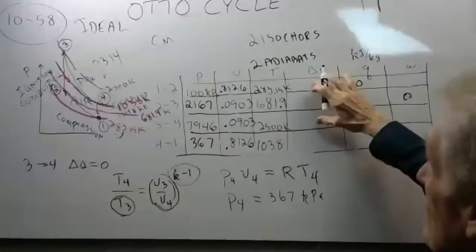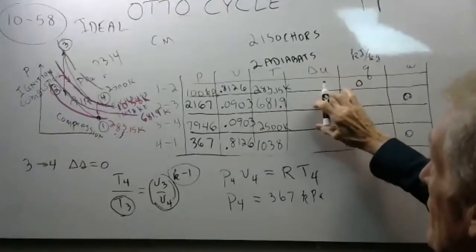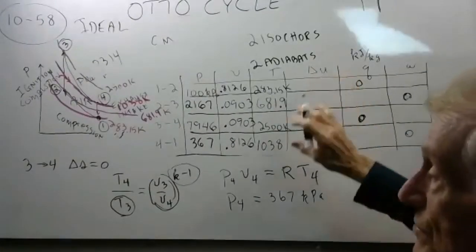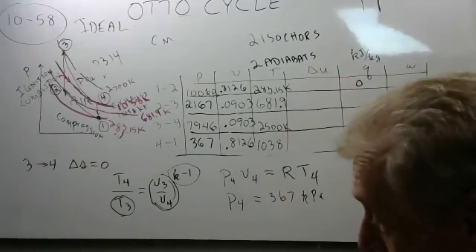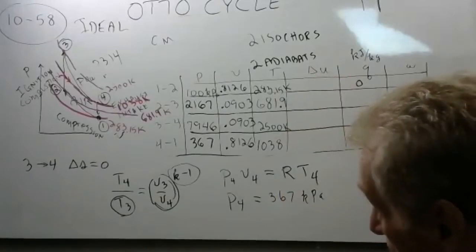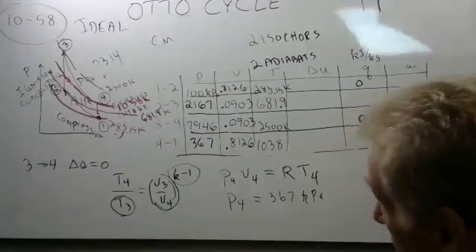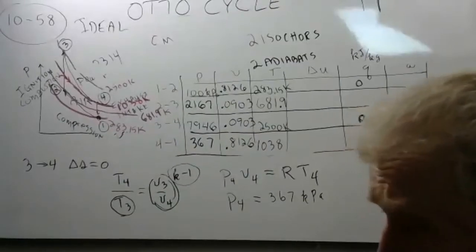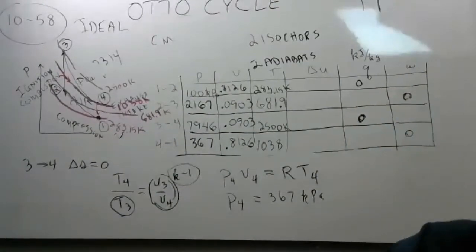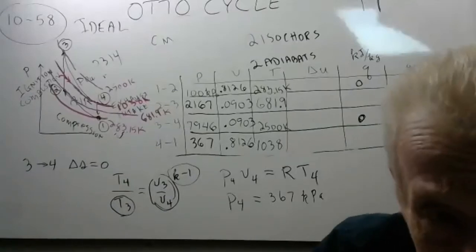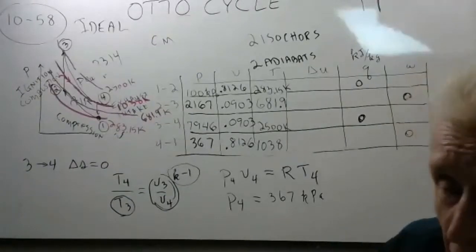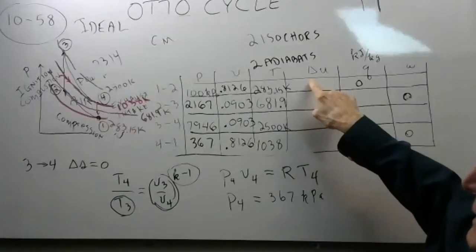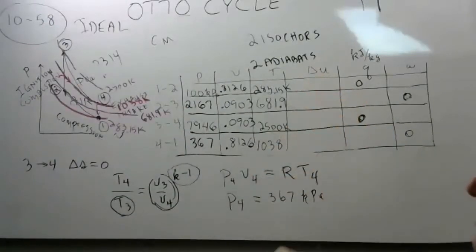Wait a minute, we haven't done any of these delta U's yet. The change in specific internal energy. We got to do those. Do you guys know how to get those? Aubrey, do you remember how to get delta little u?